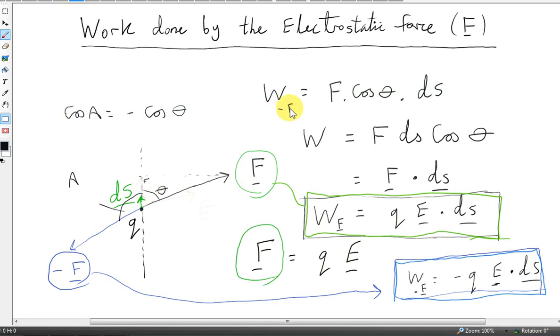So for the work done by minus F, we would have A in place of theta, but the cos of A is minus cos theta, so we'd have a minus sign here. And the thing inside the square brackets is F dot ds. So basically the component of minus F along the direction of motion of the charge actually opposes the motion of the charge. So we could say that the work done on the charge by minus F is negative work.